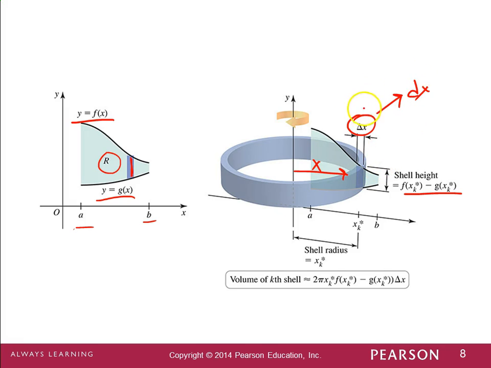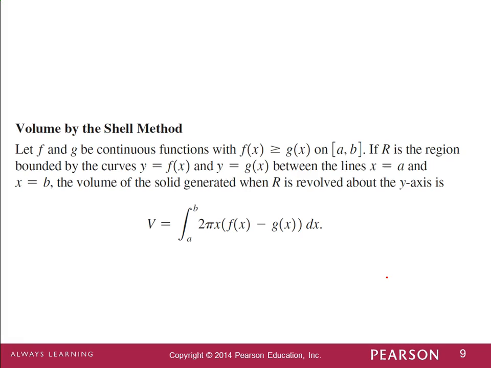When delta x approaches 0, this becomes our differential dx. So we end up getting 2 pi x times the quantity f of x minus g of x. That gives us our formula for the shell method.